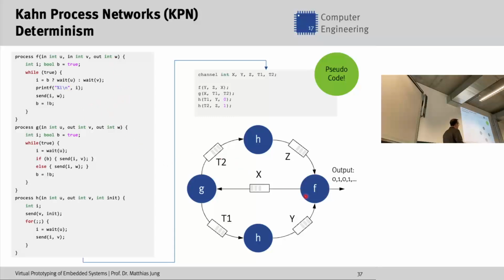So this is just a description of this process, and when we write this, we do not know yet how it is connected. The connection happens here. Here you see we define some channels like X, Y, Z, T1 and T2. And then we assign these channels to the processes.